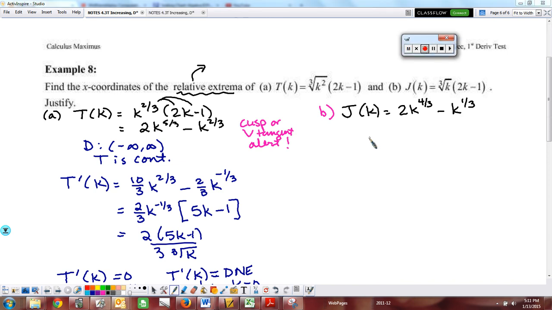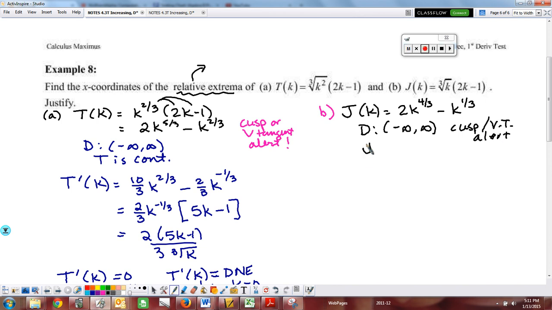We're going to run through the same idea. We know that our domain here, like it was in A, is negative infinity to infinity, but I do have a cusp or vertical tangent alert. So we are going to worry about that. And we do know that J is continuous. Also important to make a note of as we are finding our derivatives.